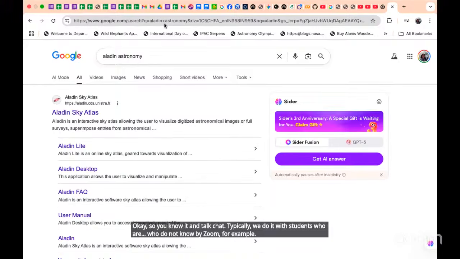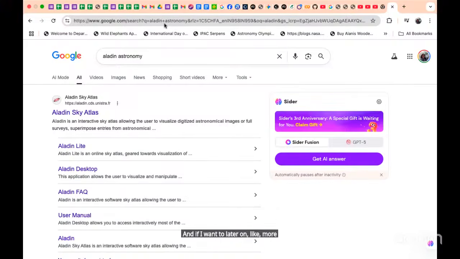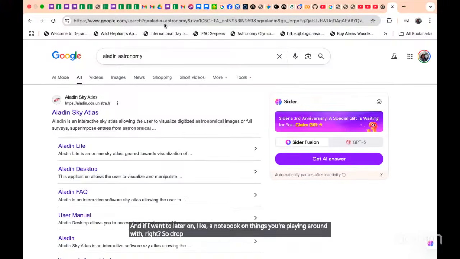But people like me who do know it, we still use TopCat because you can play around with it very fast, see how the data is, and then you may want to later write a notebook on things you've played around with. So TopCat works out very well if you have data. You want to try something, some hard plots, you can do 2D plots, 3D plots, various things. A lot of things get done with TopCat.